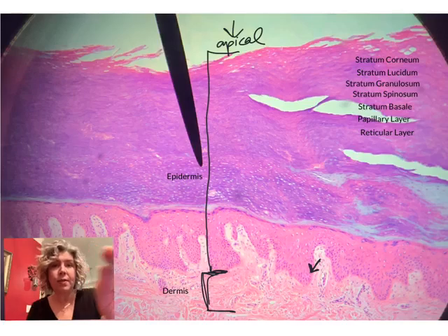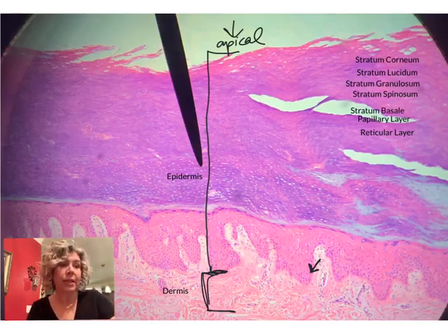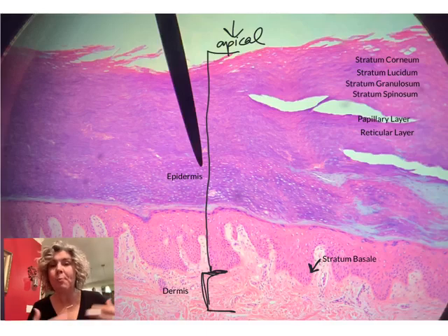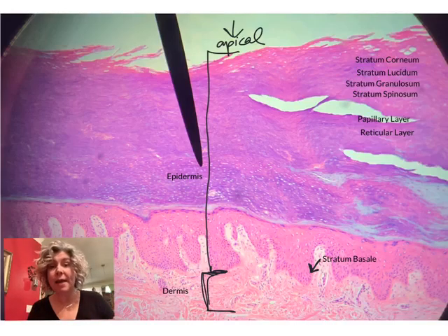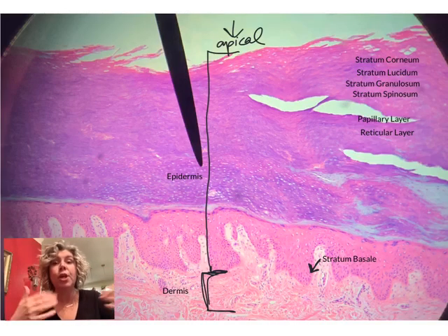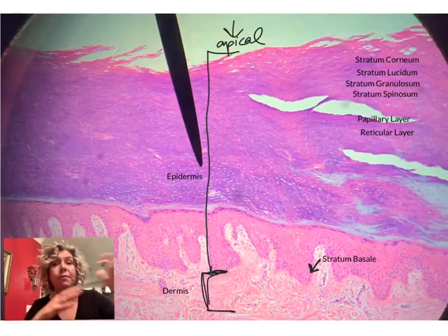That's going to be the stratum basal layer. Stratum basal, think of basal and basement or bottom there. That's your bottom layer of cells. This is where the melanocytes reside. These cells are actively mitotic, constantly dividing and pushing up to the surface, replacing cells that are being sloughed off on the surface due to excessive friction.